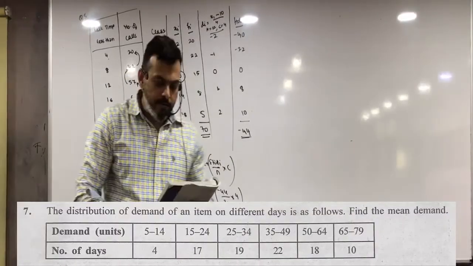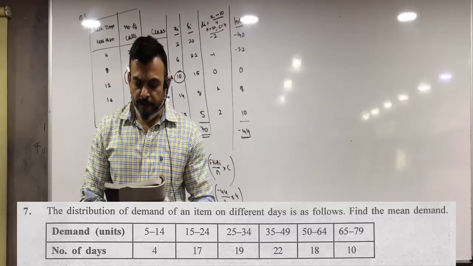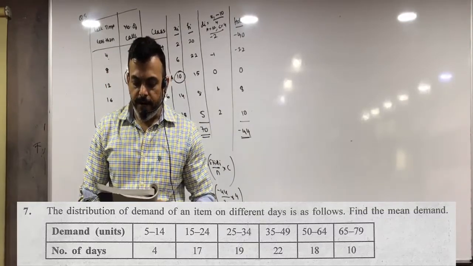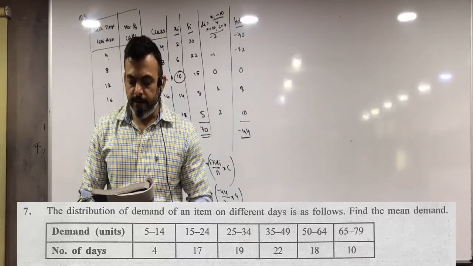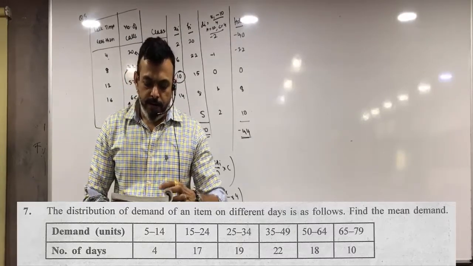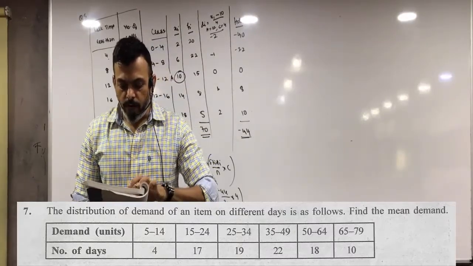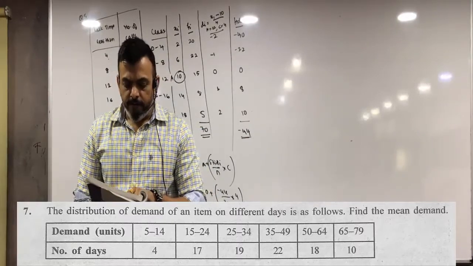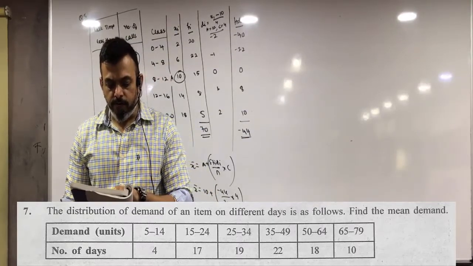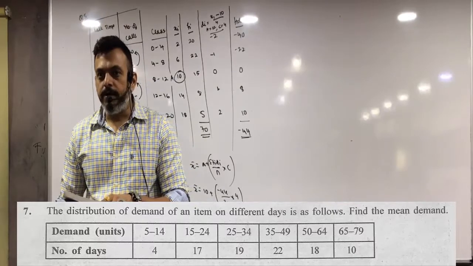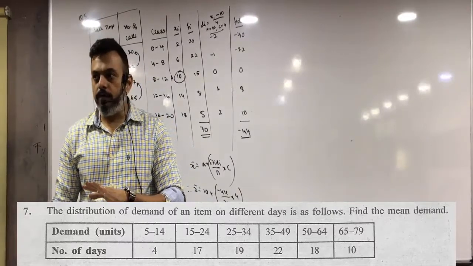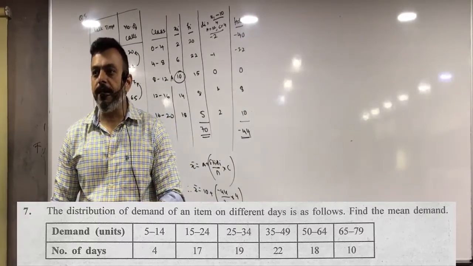Question number 7. The distribution of demand of an item on different days is as follows. Find the mean demand. Demand is given with the number of days. Now what type of data is this? 5 to 14, 15 to 24. It is inclusive, but inclusive does not make any difference.